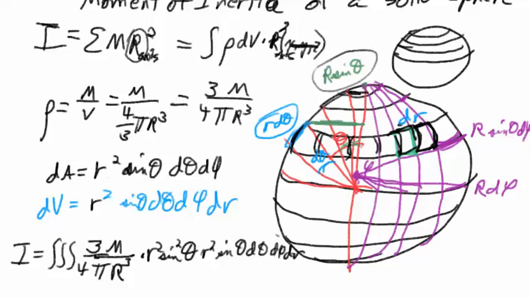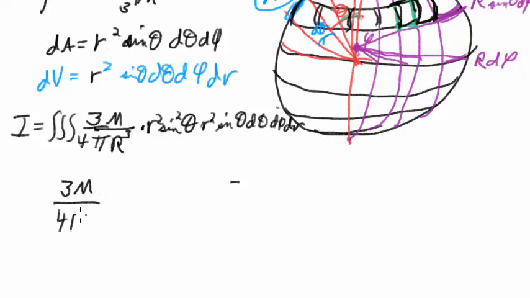So I'm going to divide this out into our constant term, 3m over 4 pi r cubed, and then the integral with respect to lowercase r going from 0 to capital R, this going from the center to the outside edge of the sphere.